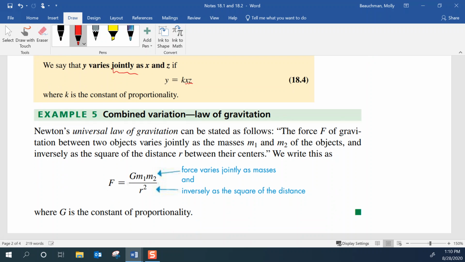Newton's universal law of gravitation can be stated as follows: the force F of gravitation between two objects varies jointly as the masses m1 and m2 of the objects, so that means m1 times m2, and inversely as the square of the distance r between their centers, divided by the square of r. G right here is the constant of proportionality.